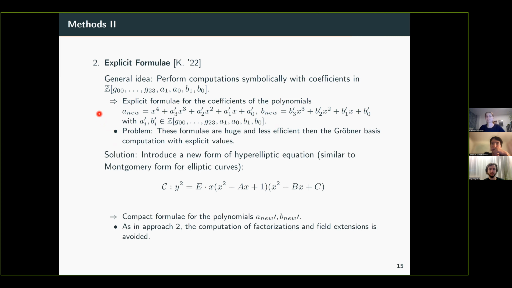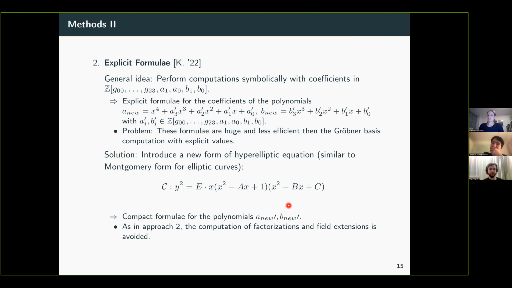However, one can actually make such an explicit approach work faster. And the idea for that is to restrict to specific curve forms. For example, what I did was to choose a curve form that is somehow similar to the Montgomery form of elliptic curves, for which the computation of 2 isogenies is kind of nice.